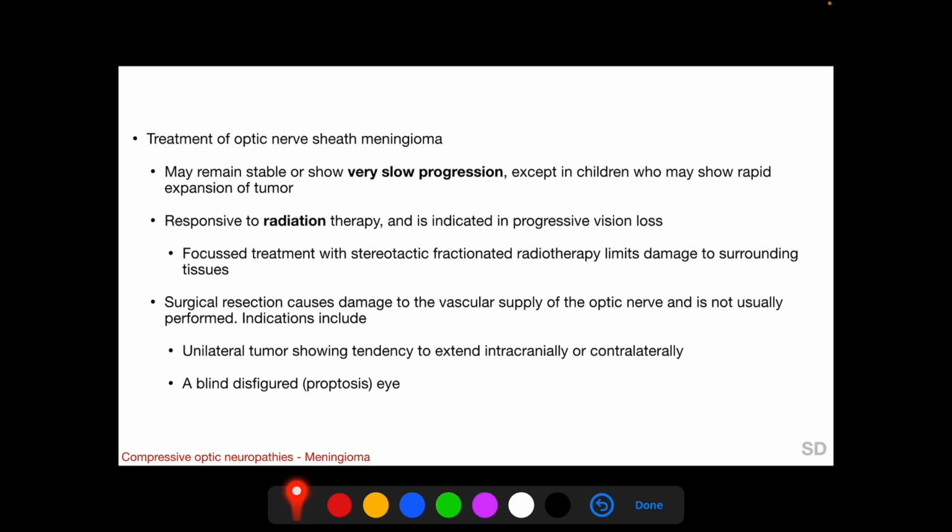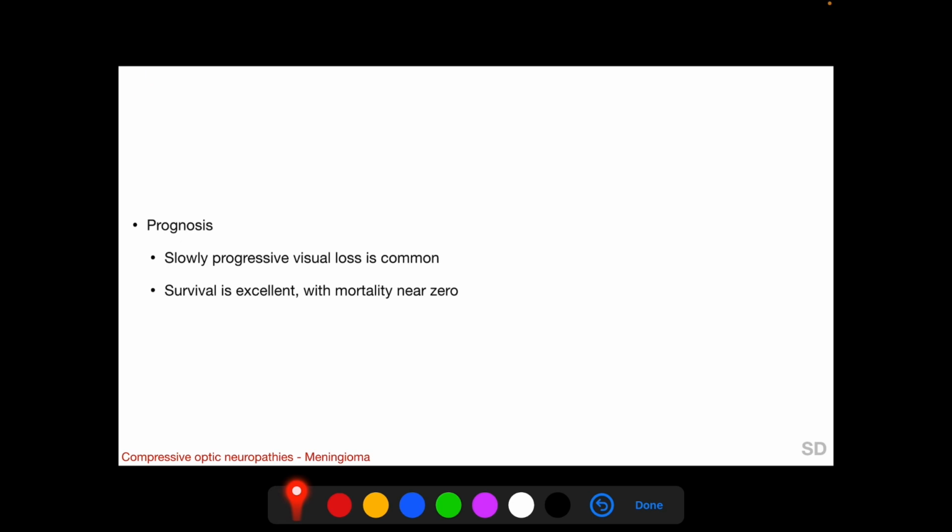Focused radiation treatment with stereotactic fractionated radiotherapy limits damage to surrounding tissues. Surgery causes damage to the vascular supply of the optic nerve and is not usually performed. Indications for surgery include unilateral tumor showing tendency to extend intracranially or contralaterally, or a blind, disfigured proptotic eye. So meningiomas commonly show slowly progressive visual loss, and survival is excellent with mortality near zero.